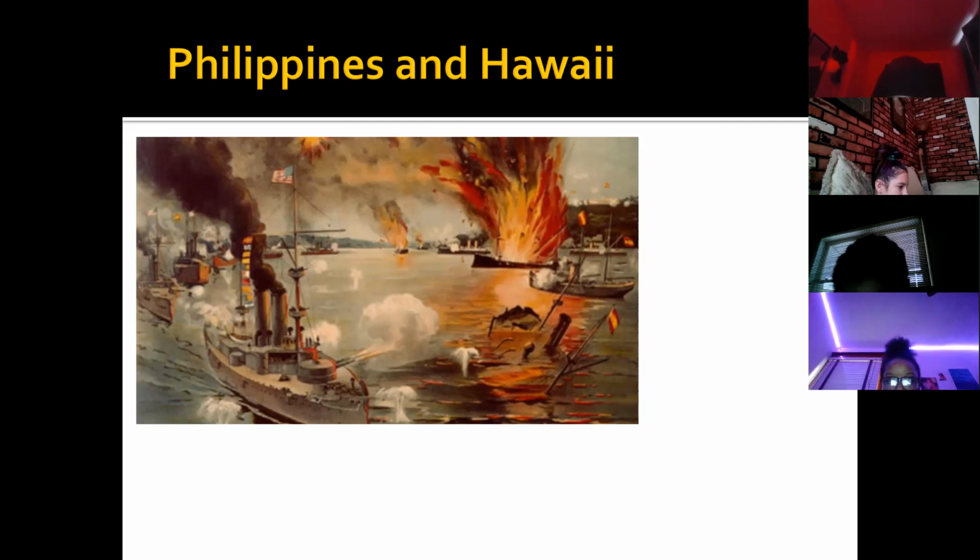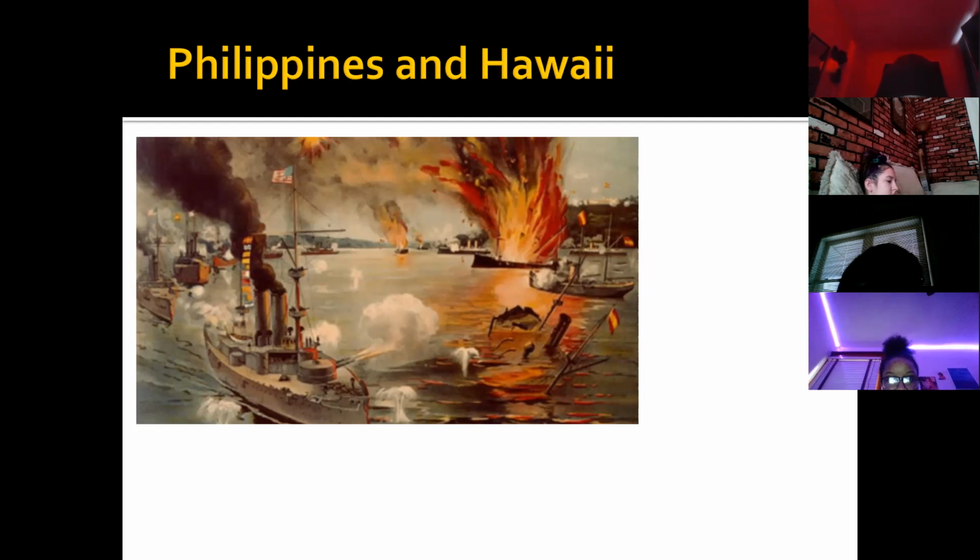After the explosion of the USS Maine, the United States put some strategically placed boats outside of the Philippines, which was another Spanish territory, through assistance and help from Filipino rebels.